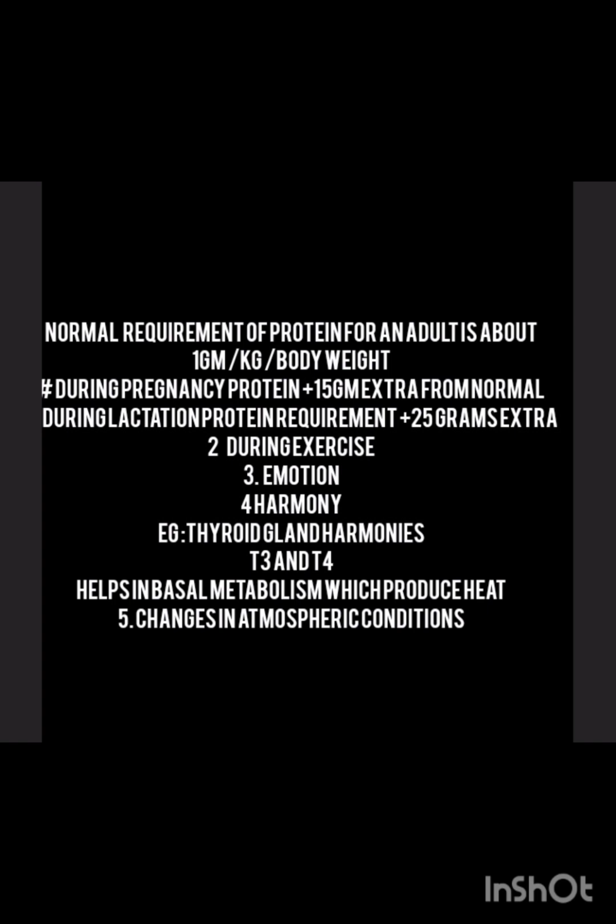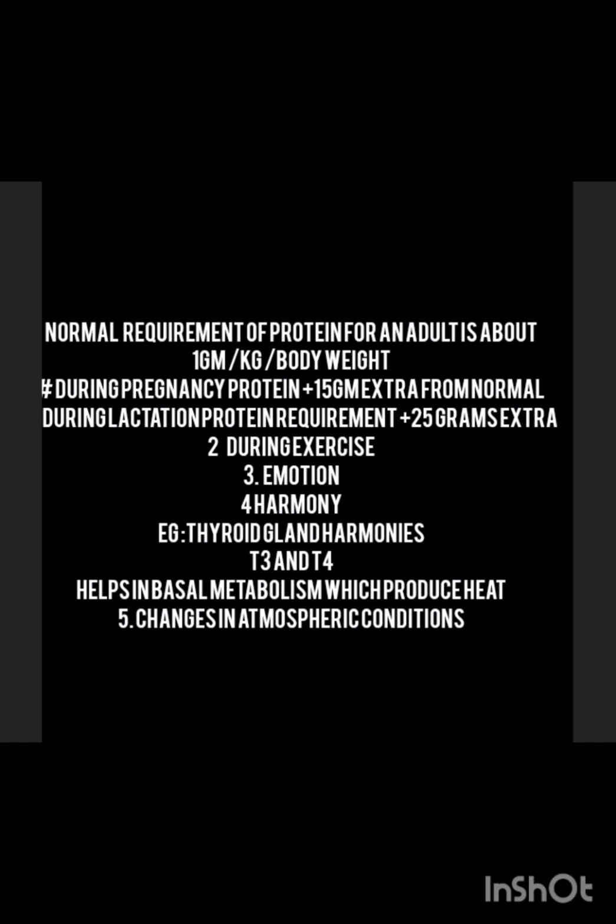So these are all the five major things through which our body heat is produced. The first one is metabolism of the food: carbohydrate, fat, and protein metabolism. The second thing is exercise, and the third thing is emotions.